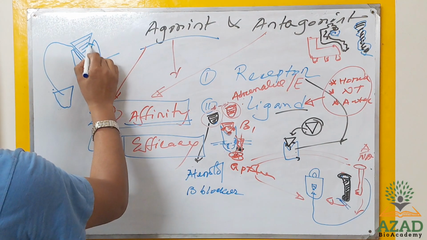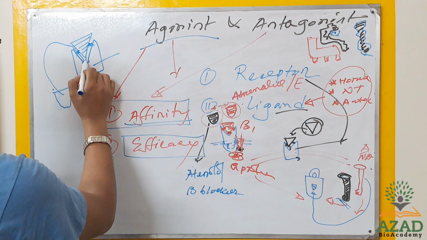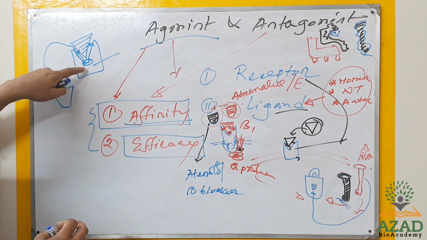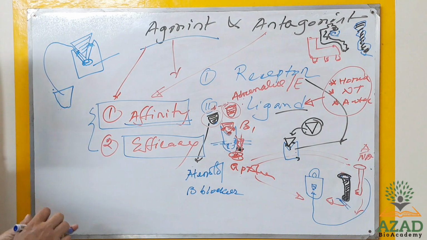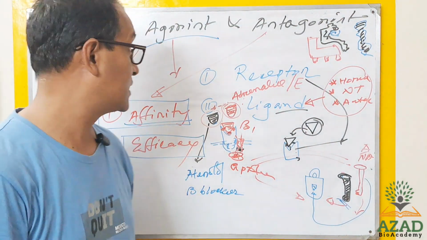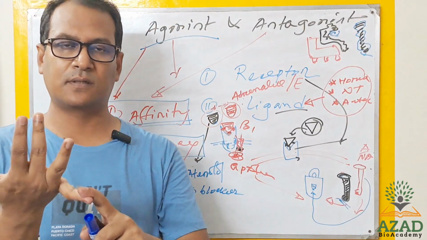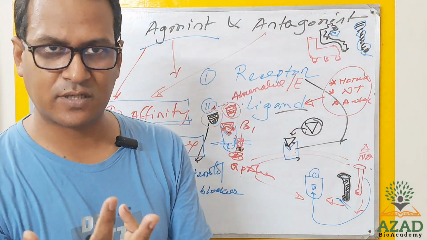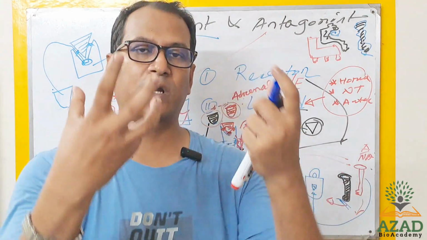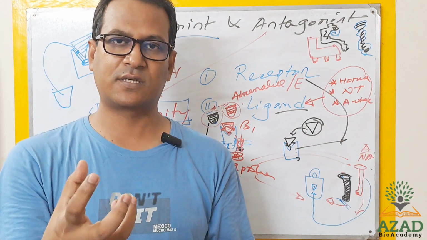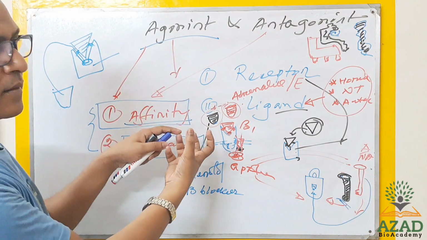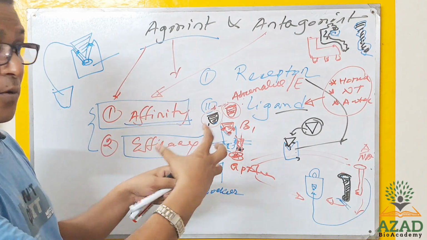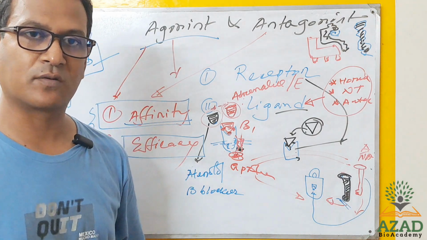But here it will bind, but it is not properly attached with the inner part of the receptor. That means, as I covered initially, the agonist will be flexible, with similar shape and size, and its binding frequency is high, and it will quickly attach with the receptor properly, and that will change the conformation.